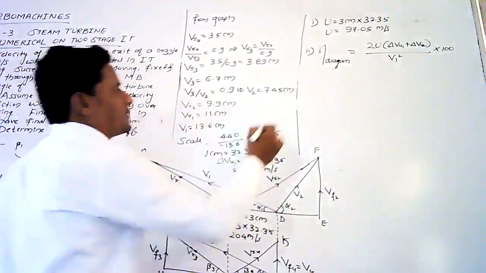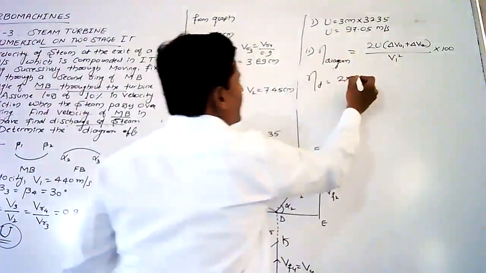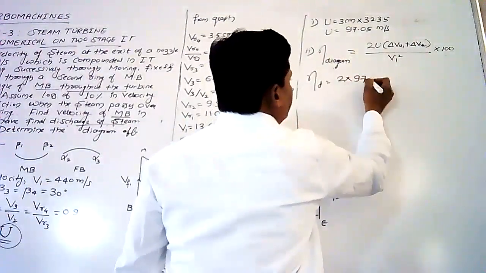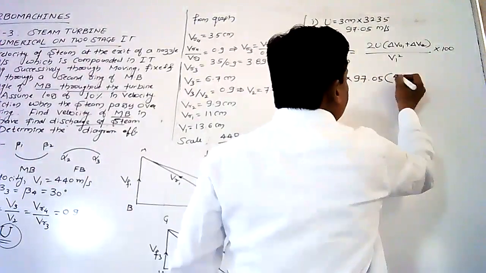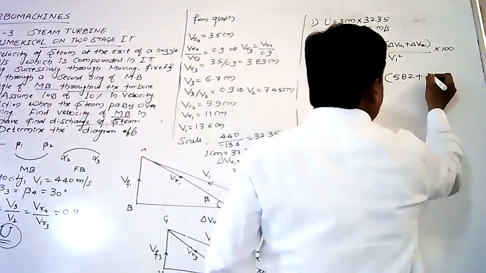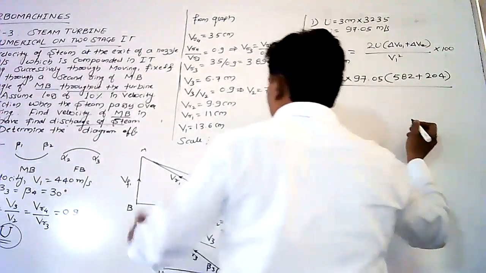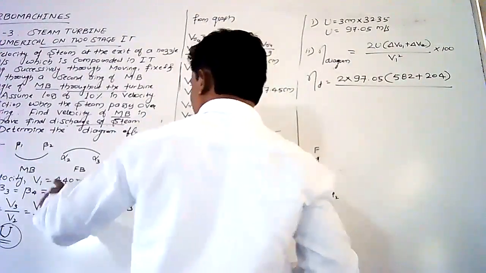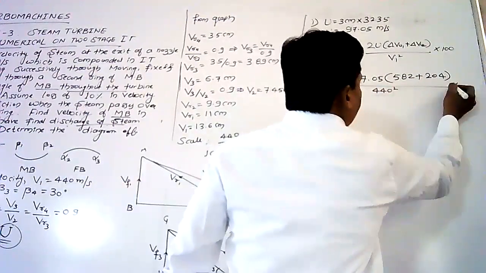Now let us do the substitution. So the diagram efficiency equals 2 into U value 97.05 into delta VU1, 582 meter per second, plus delta VU2, 204 meter per second, divided by V1, so already you know the value of V1, 440 square, into 100.